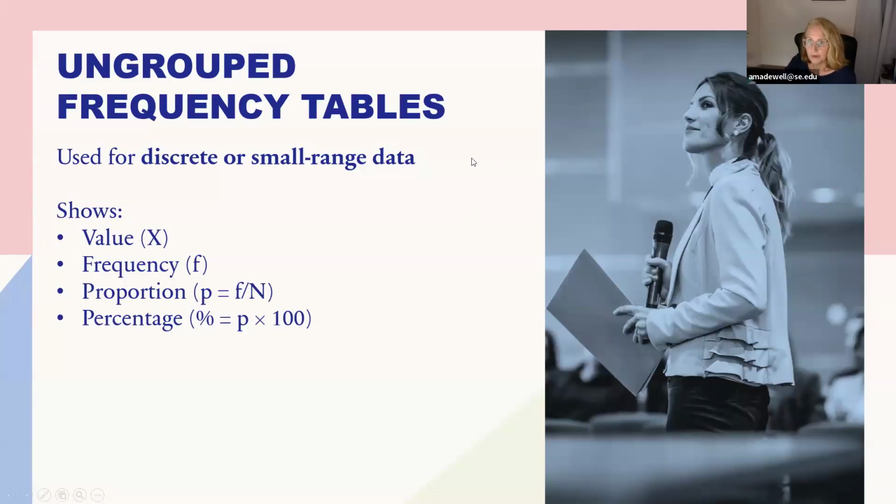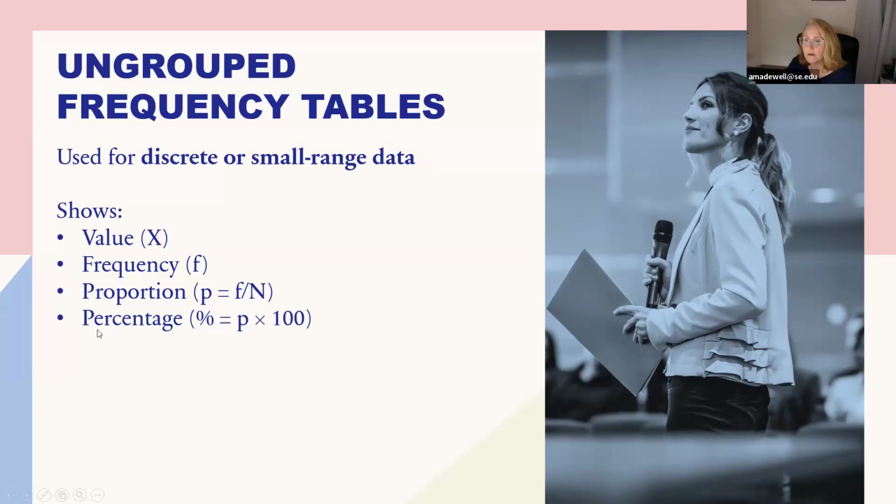When we talk about frequency distributions, we often make them into tables. In our table, we're going to have a column for value labeled as X, a column for frequency with a lowercase f, a column for proportion, which we'll label with a P, and that's going to be our frequency divided by the number of people in our data set.